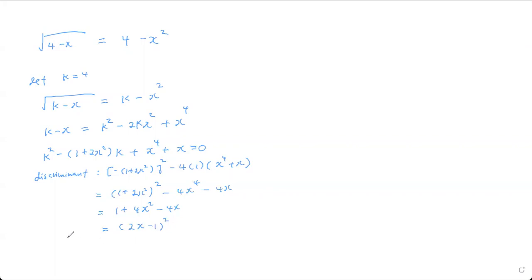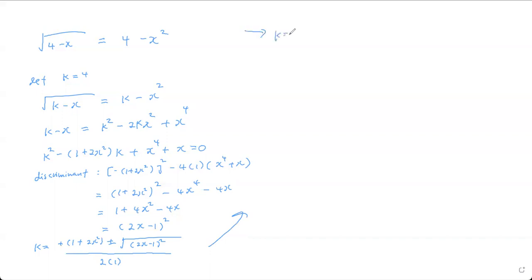Okay, so that's the good news, right? So I'm going to solve for k now. Okay, so k, right, so I'm going to use the quadratic formula here. So k would be the negative becomes positive of 1 plus 2x squared, plus minus the square root of the discriminant, divided by 2 times 1 in this case, right? So the 1 comes from the coefficient of k squared. Okay, so let's continue on top here.